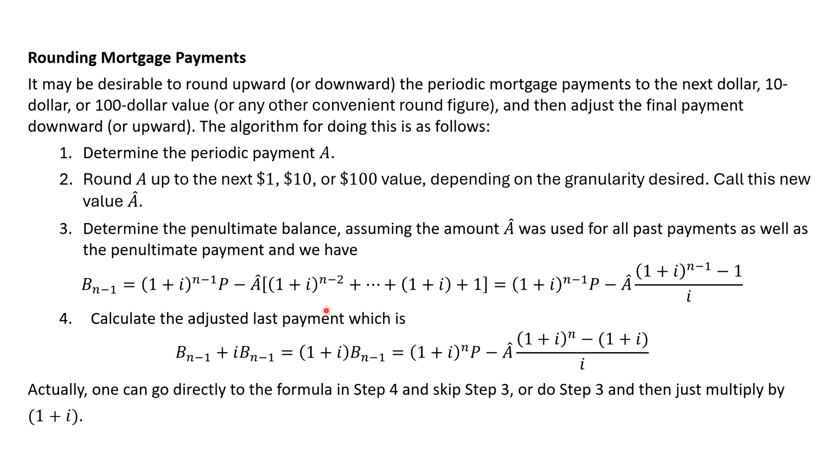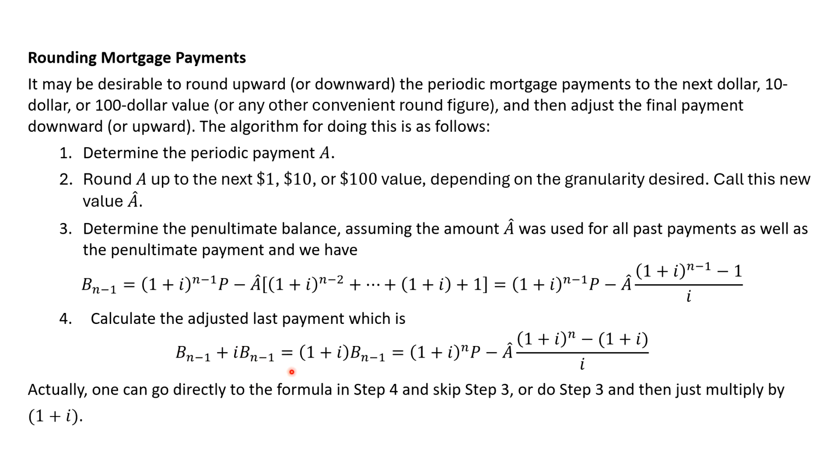And then we just reuse our formula, except we put in A hat here instead of A. And so this is how much is still left at the balance when you have one more payment to go. And then when you need to pay in the very last payment, it would be this amount here, how much is left in the balance, and then the interest over that last period.